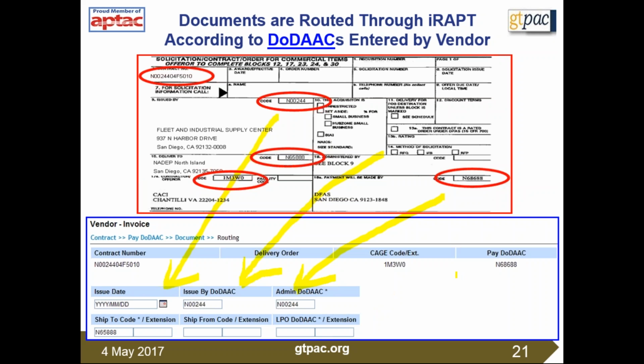And a little bit later on, I'm going to show you, actually I included it on this slide, right up here at the top, a hyperlink to a place where you can look up all the different DODACs. So if you have no idea what these things mean, see on this form, it kind of tells you where they are.